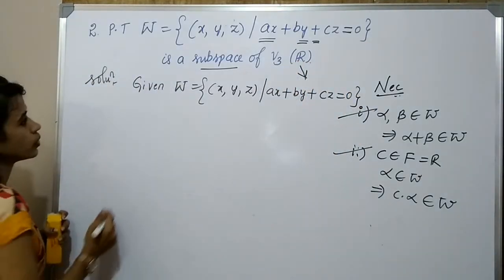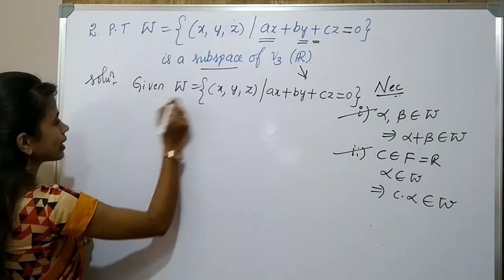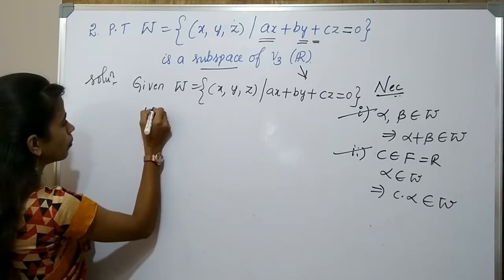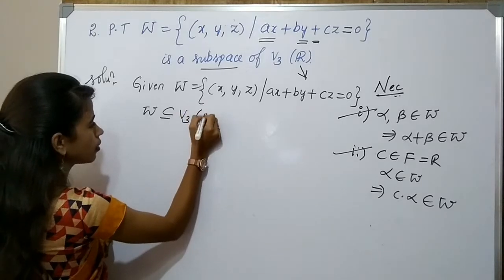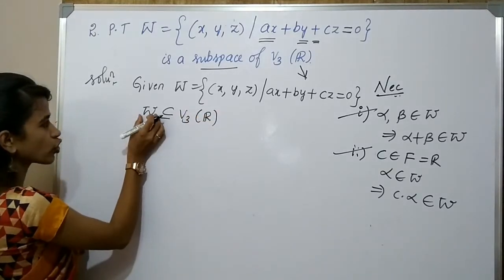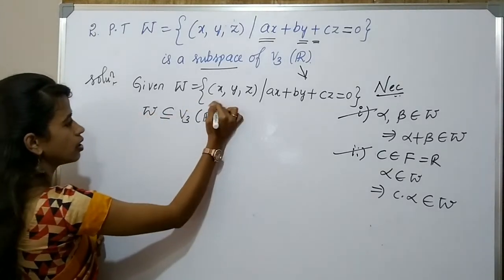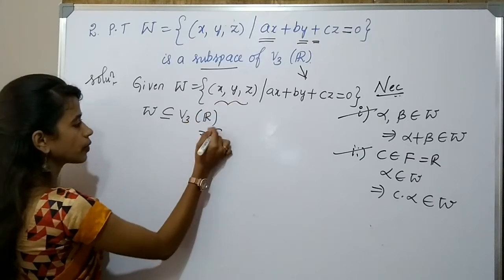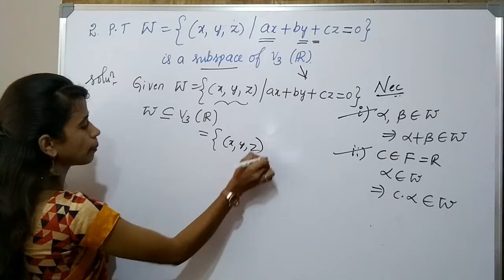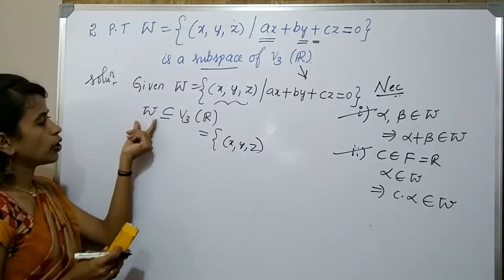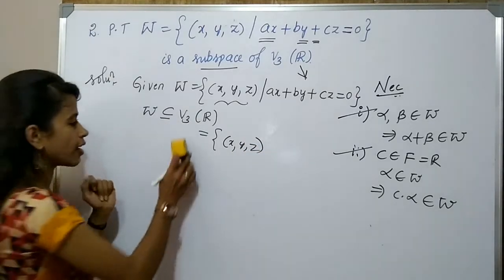So now, W is clearly a subset of V3 of R. Why? Because the elements of W look like triplets, and the elements of V3 of R are also the set of all triplets. So therefore W is clearly a subset of V3 of R.